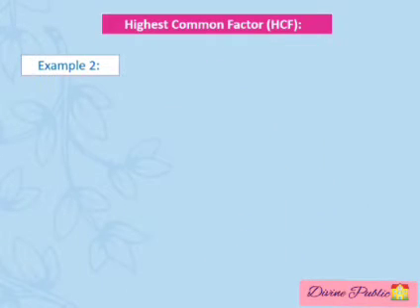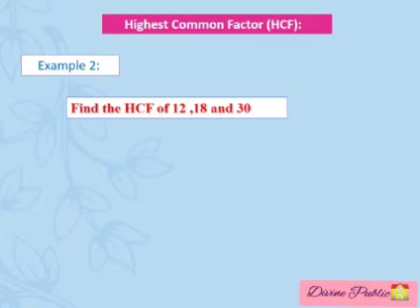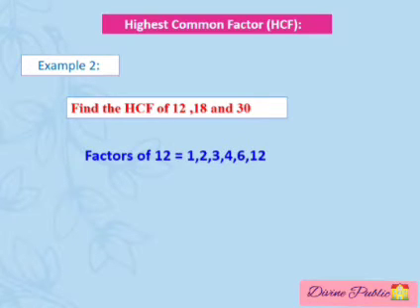Example 2. Find the HCF of 12, 18 and 30. Factors of 12 equal 1, 2, 3, 4, 6 and 12.